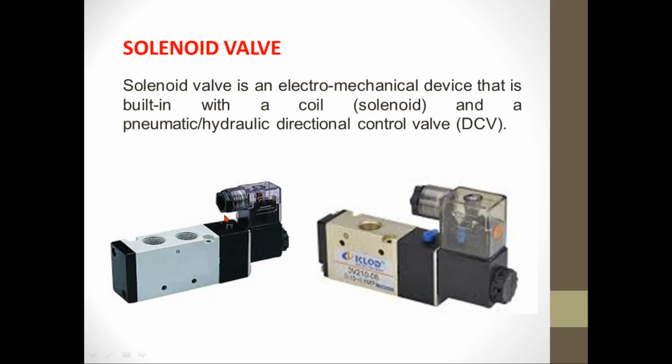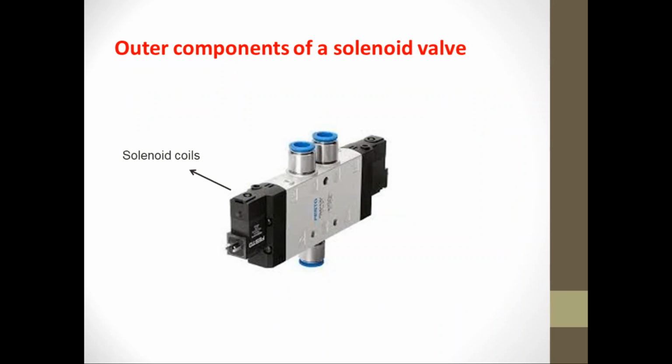In this picture, this is the solenoid coil, and in the second part, this is also the solenoid coil. It comes with two wires, which will be connected to an electrical circuit. This is where we supply the voltage.